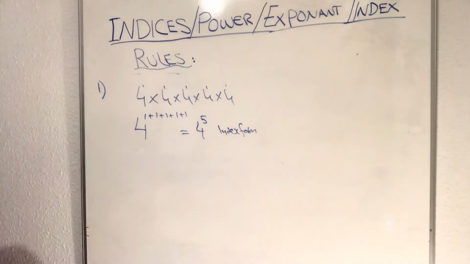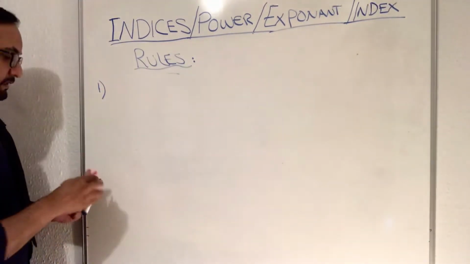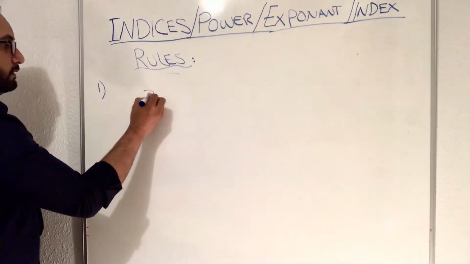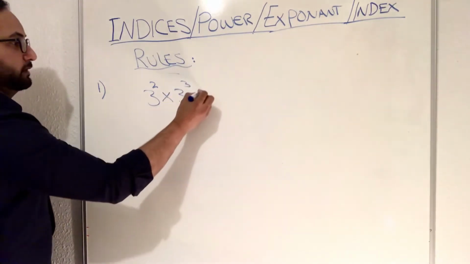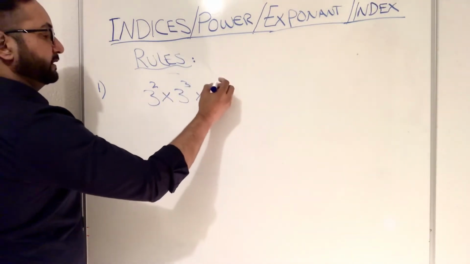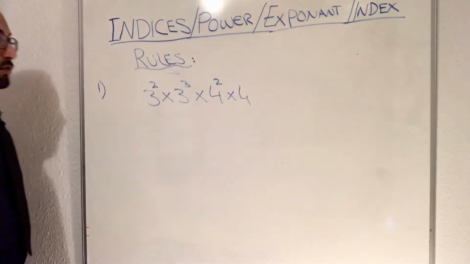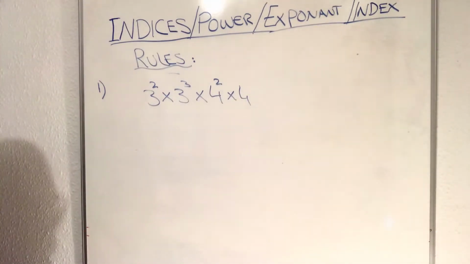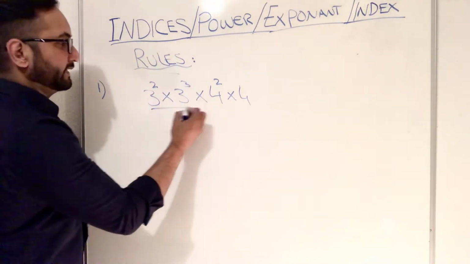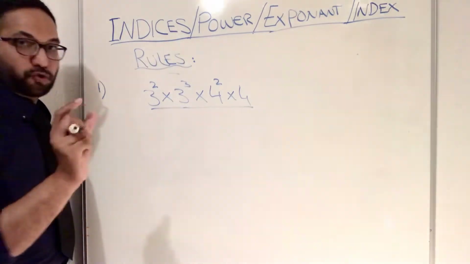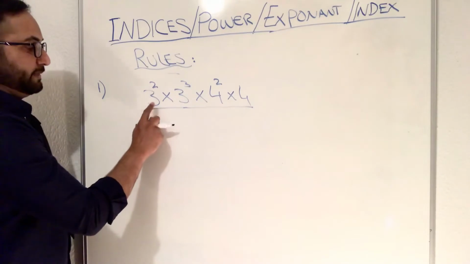If I give you another example: 3 power 2 times 3 power 3 times 4 power 2 times 4. Now they are saying write in index form. Here you can see that every value is multiplying, but we need to select like terms. Like terms means the same base.